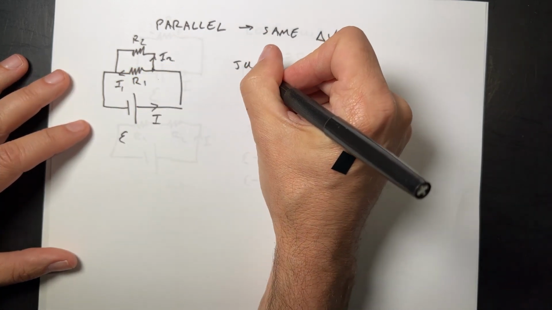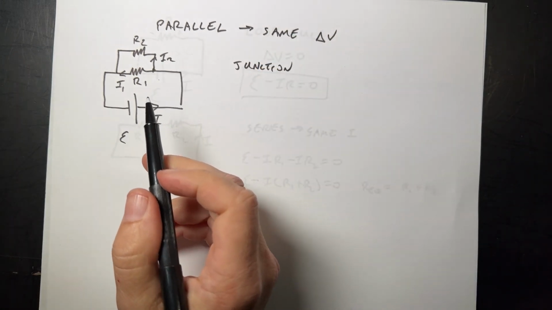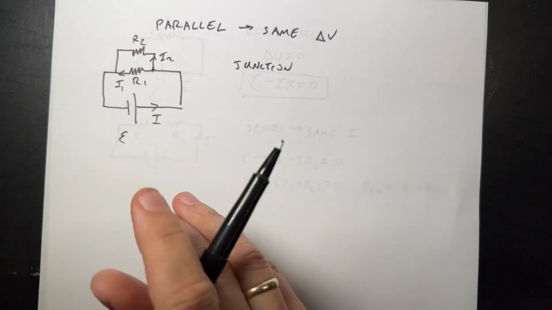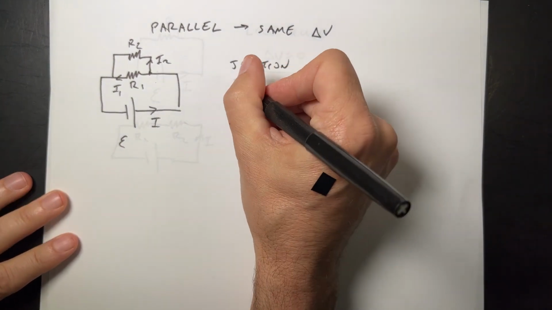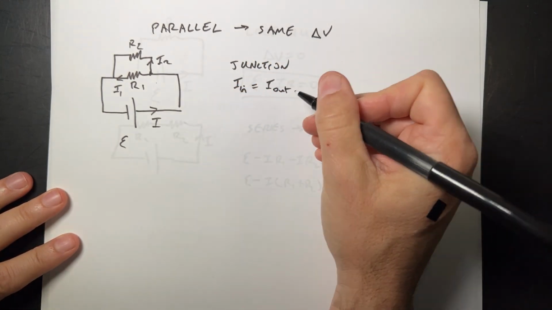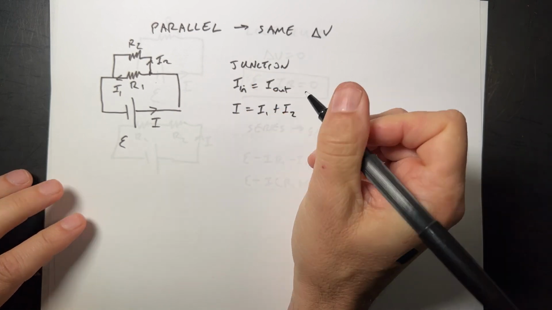And that gives us the next rule, the junction rule. This basically just says that you can't destroy those charges. If I have charges coming into that junction, I have to have the same amount of charges going out. So I in equals I out. In this case, I would be equal to I1 plus I2.